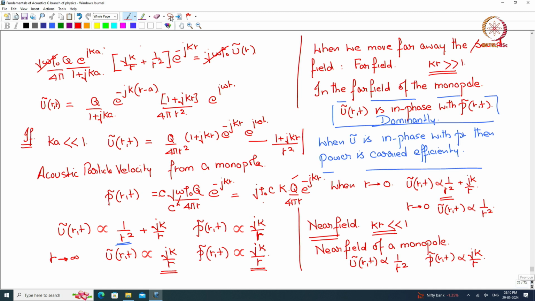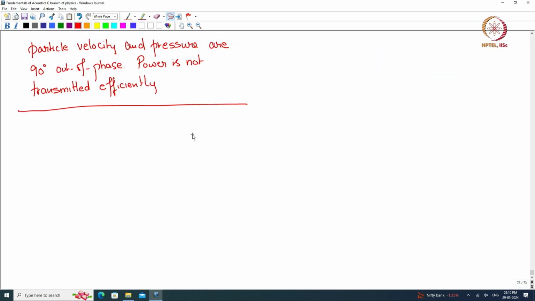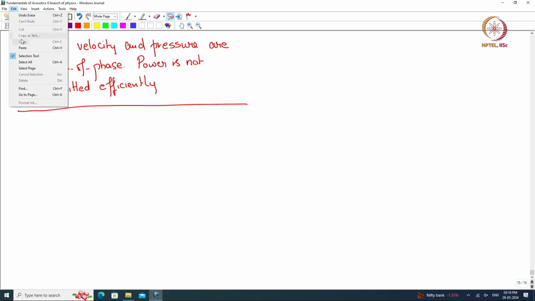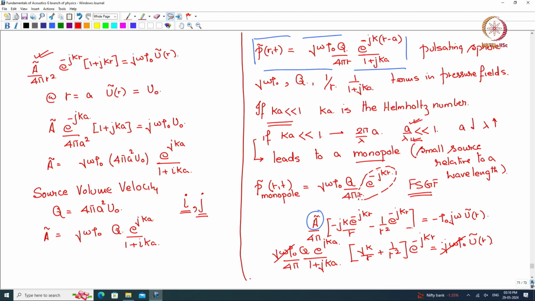We have particle velocity over here, and pressure over here.